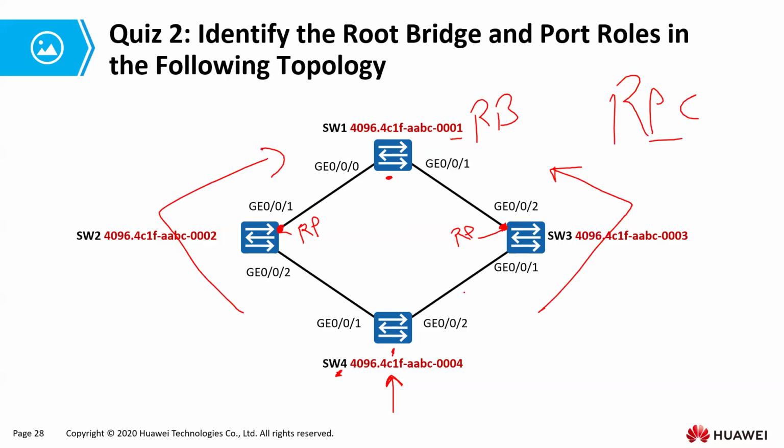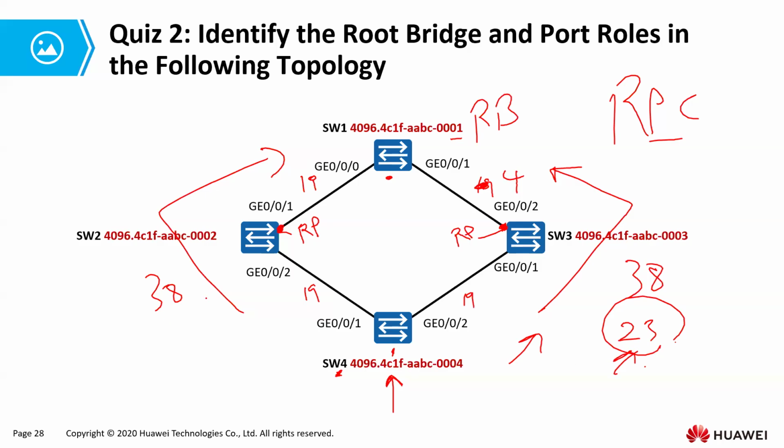By default, let's say the cost at 100 megabits is 19, 19, 19 or 18, depending on duplex. So 19 plus 19, the cost going this way is 38, and going that way is 38. The costs are the same. If this one was not 19 but 4, I would prefer it because 19 plus 4 is 23, which is much lower than 38, then I'll go via this one. However, that's not the case.